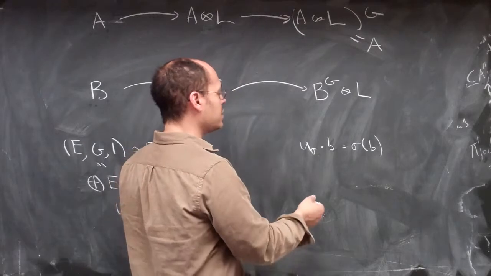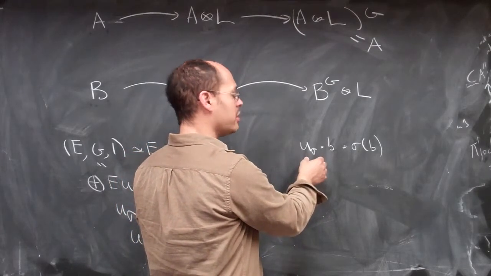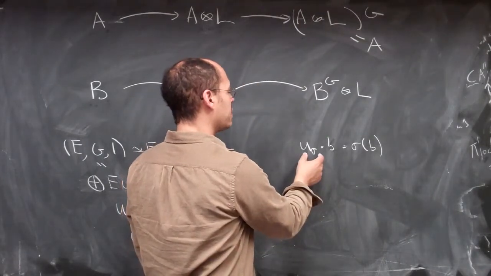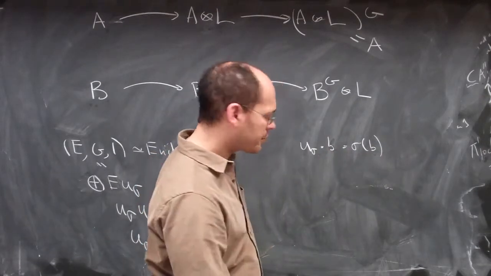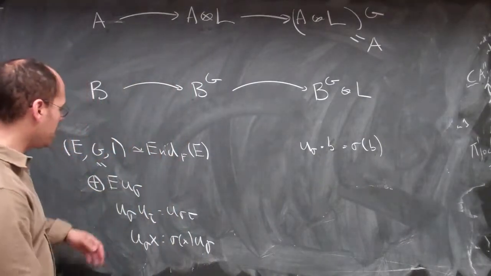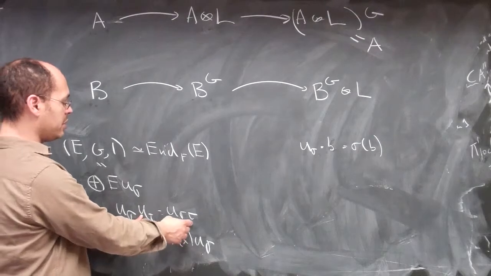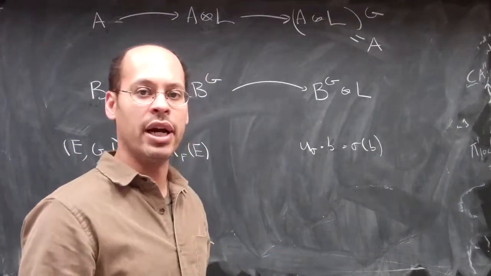Having done this, we can define a module structure, some sort of an action, where U sub sigma acts on the elements b by sending b to sigma of b. Then it's easy to see that if you define it this way, U sigma U tau defined to be U sigma tau gives a perfectly reasonable definition for an action.